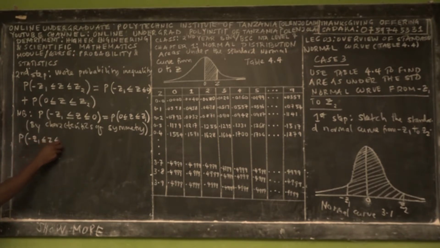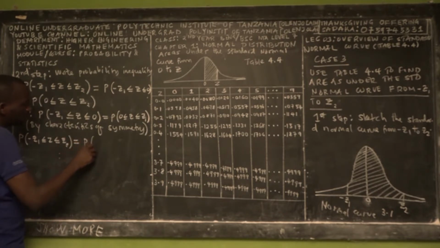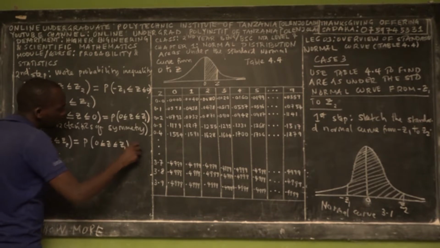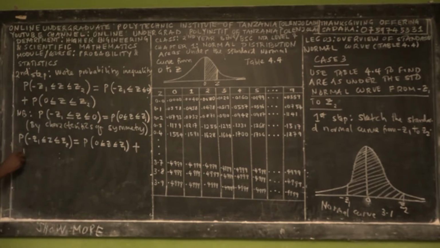Right? So if that is the case, we say that probability from negative Z1 less than or equal to Z less than or equal to Z2 is equal to probability of 0 less than or equal to Z less than or equal to Z1 plus probability of 0 less than or equal to Z less than or equal to Z2.